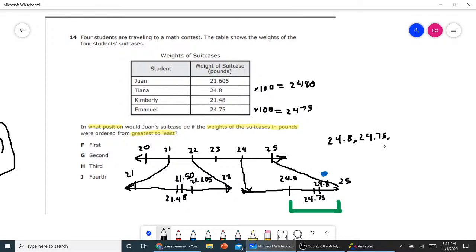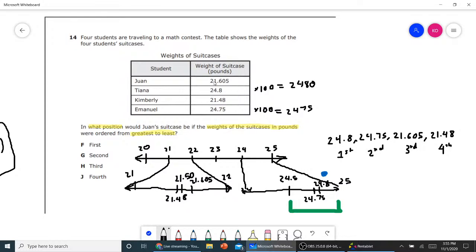After that is 21.605. The last number was 21.48. So this would be first, second, third, and fourth.